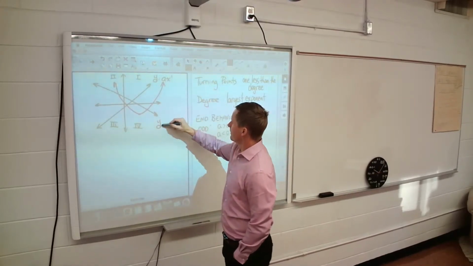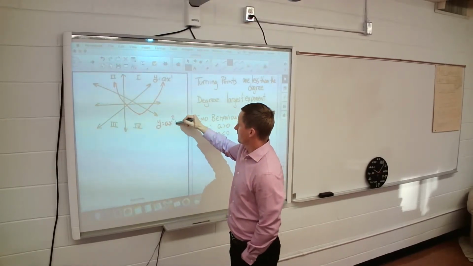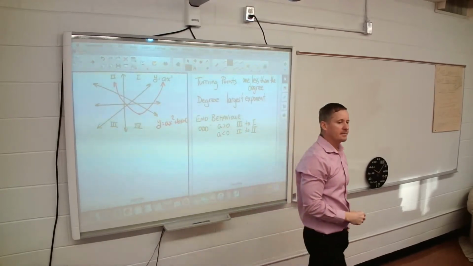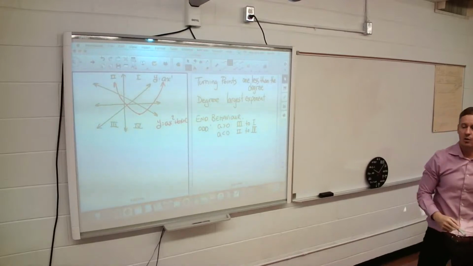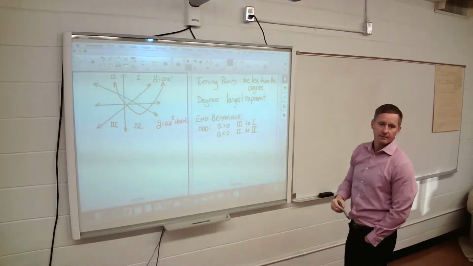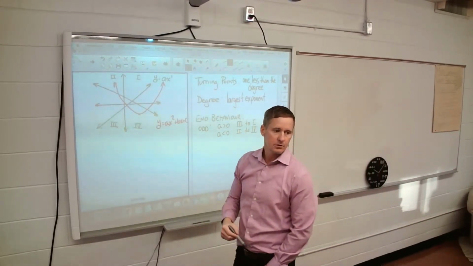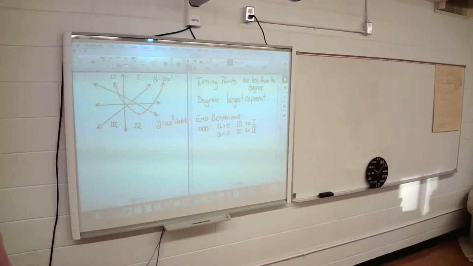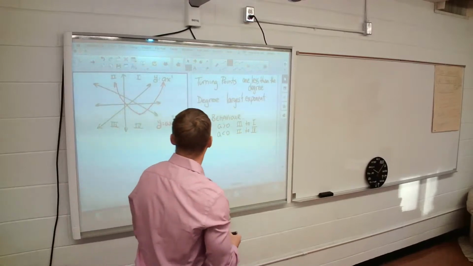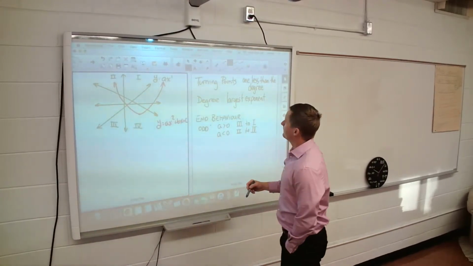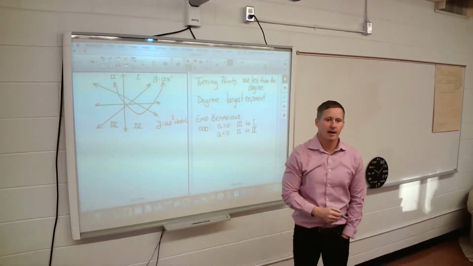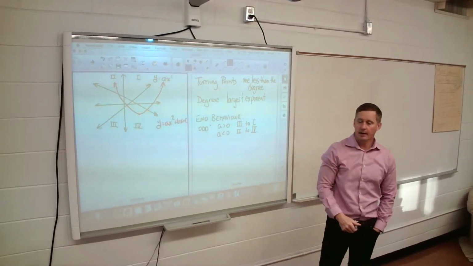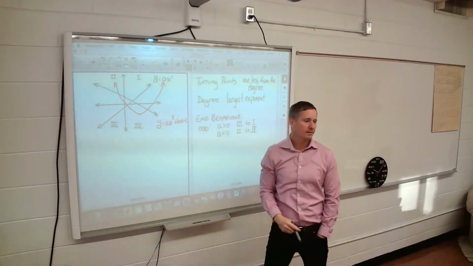What's the standard one? ax squared plus bx plus c, right? Basically. So what is the degree of a parabola then? 2. It's the highest exponent. How many turning points does a parabola have? 1. Very good. There's my turning point right there.